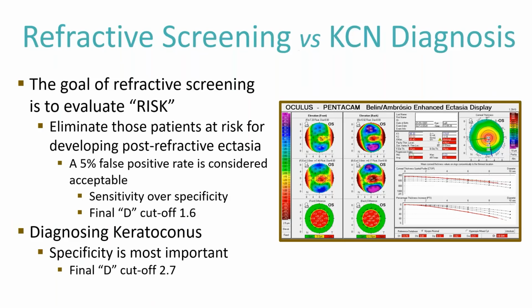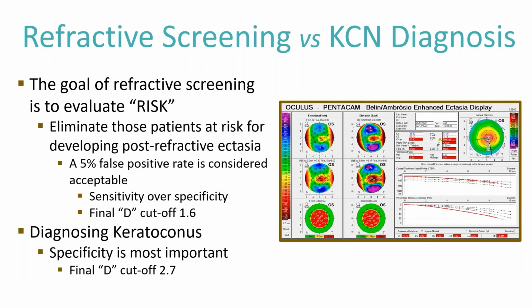So I had alluded to earlier that the display in itself is not specific. In other words, that final D is not necessarily specific for keratoconus. And there needs to be an understanding of the difference between refractive screening and actually diagnosing disease. So the goal of refractive screening is really to evaluate risk, or to minimize risk and to eliminate those patients at risk for developing post-refractive ectasia.